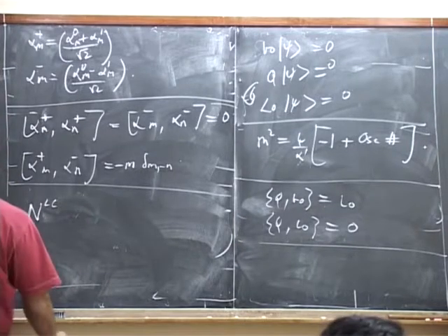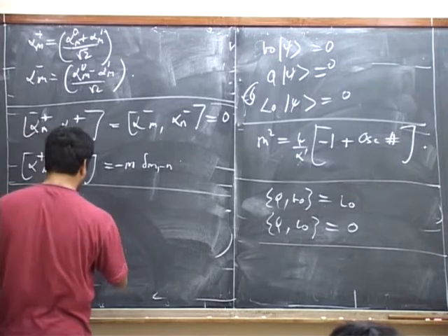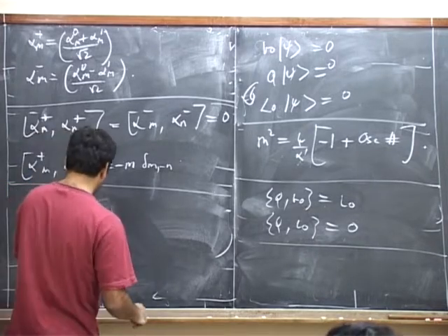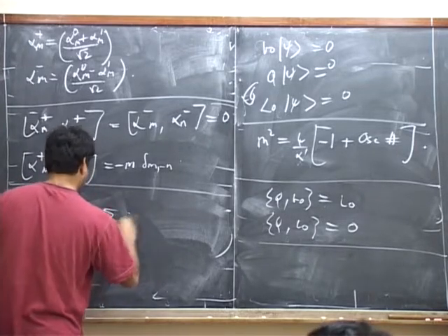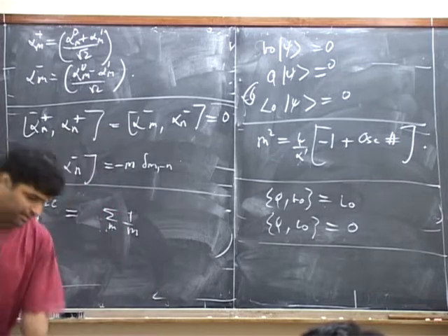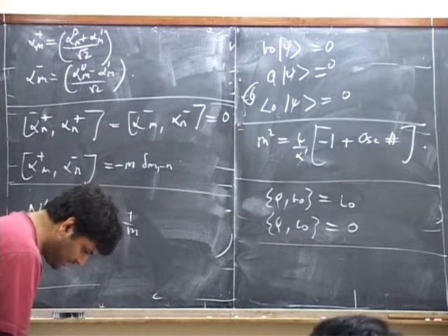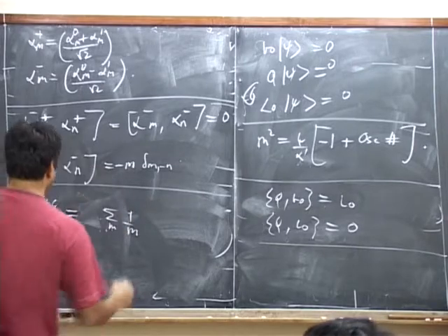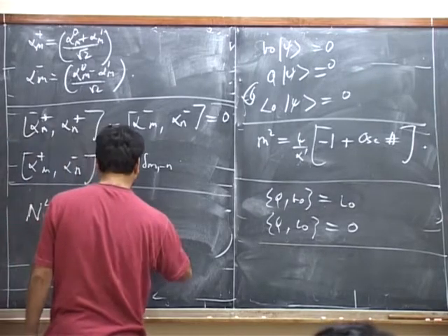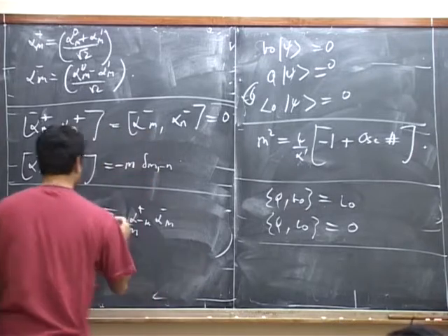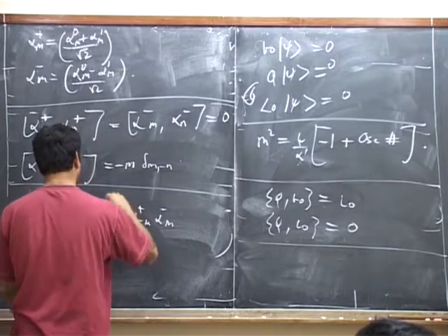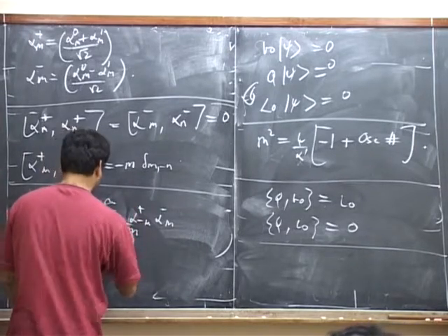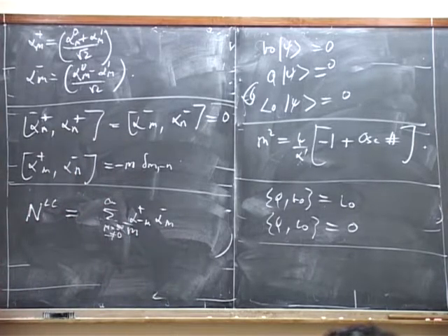This operator is defined as the sum over m of 1 over m, times the normal ordered product alpha plus minus m, alpha minus m, where m is summed from minus infinity to infinity but not equal to 0. It's summed over all non-zero integer values.